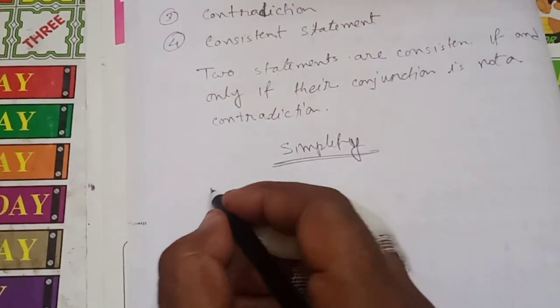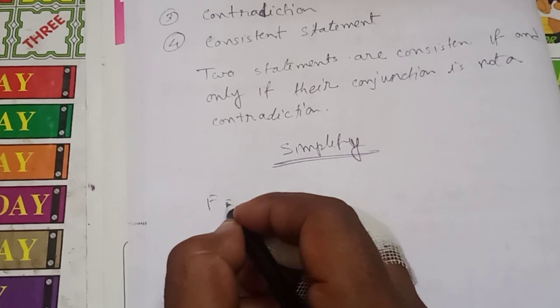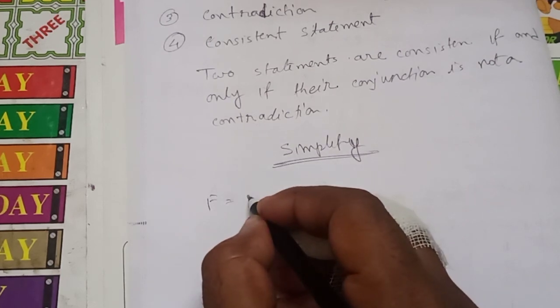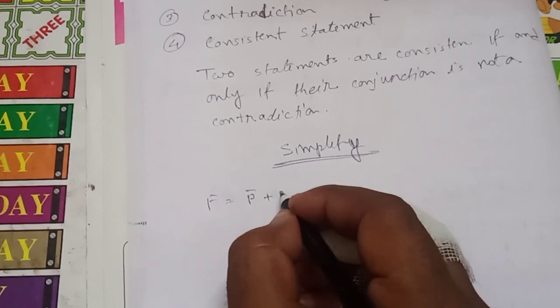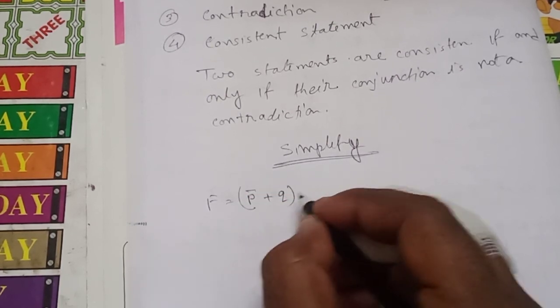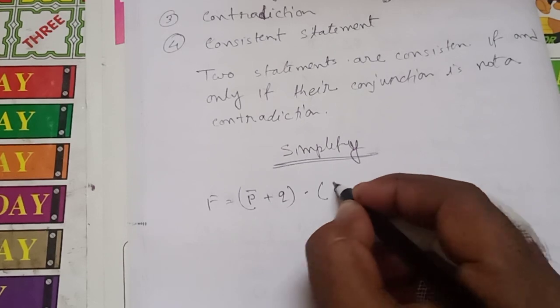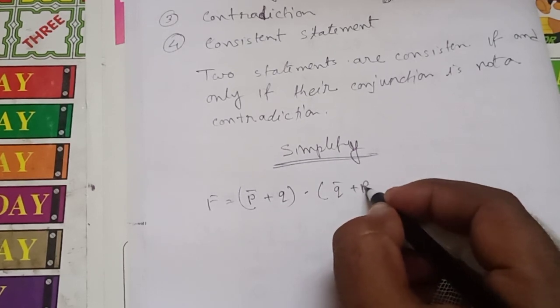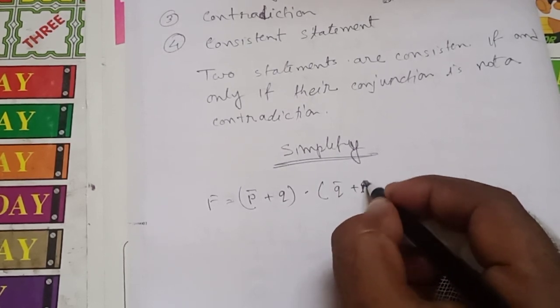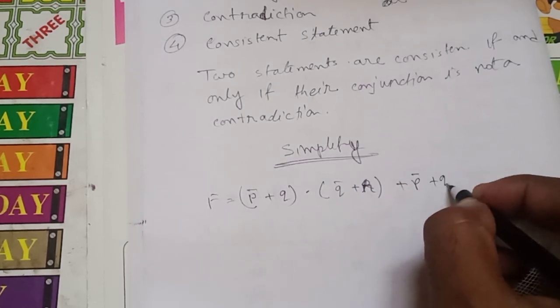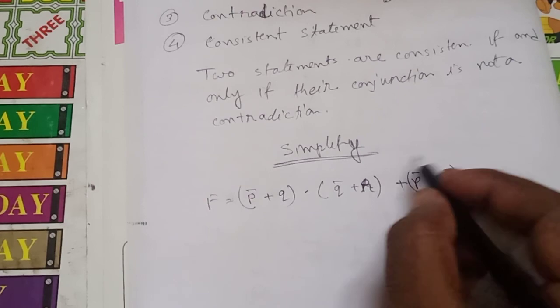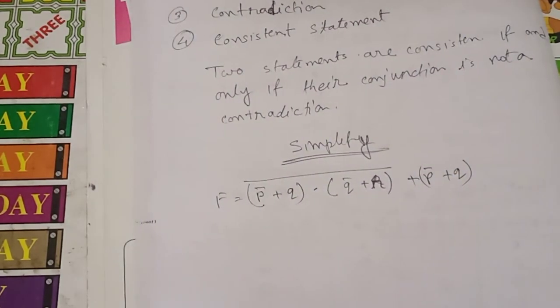I have an expression, suppose f is equal to (p bar plus q) dot (q bar plus r) plus (p bar plus q), and this is the whole bar, okay.